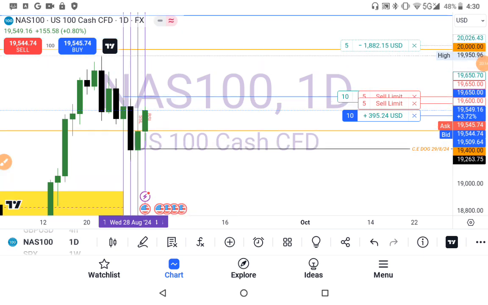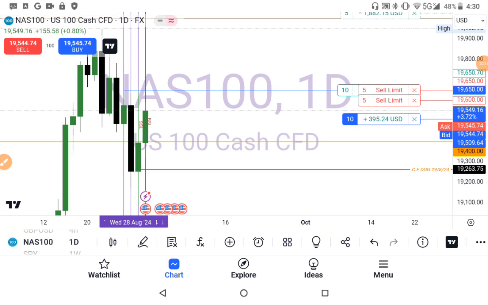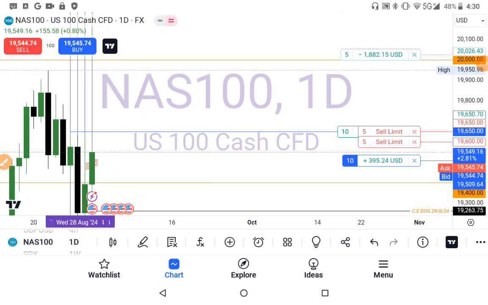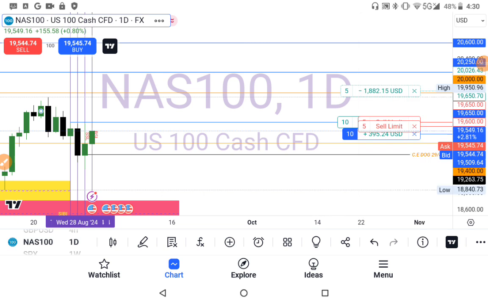It was a late trade though, but I have my levels around that area. Last week I was interested in 20,000 being delivered, but 20,000 was not delivered yet.